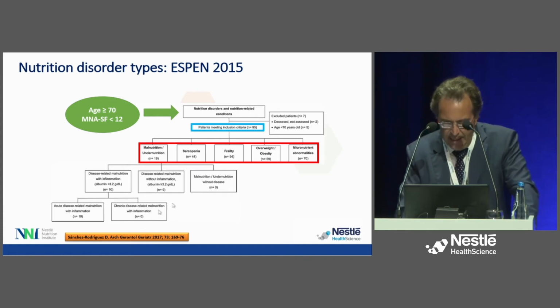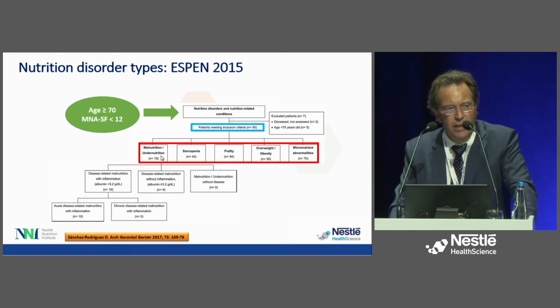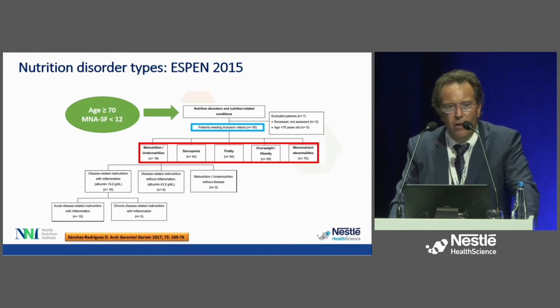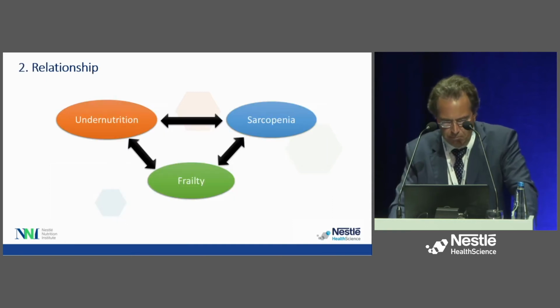And as you can see here, most of them were frail, 94, 44 had sarcopenia, and 19 had undernutrition. So we can clearly see that although they are closely related, they are also different conditions.